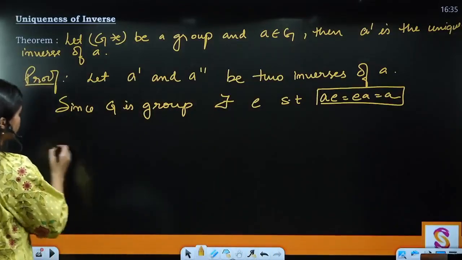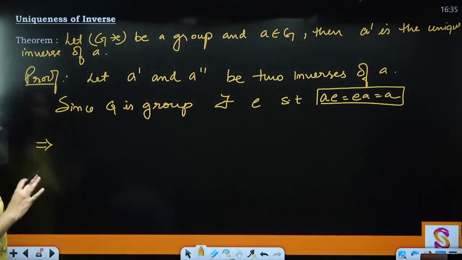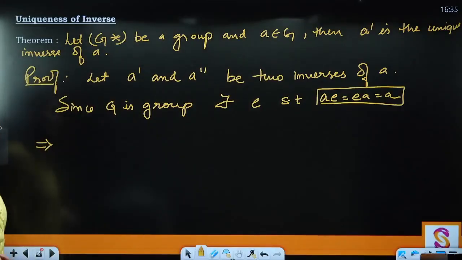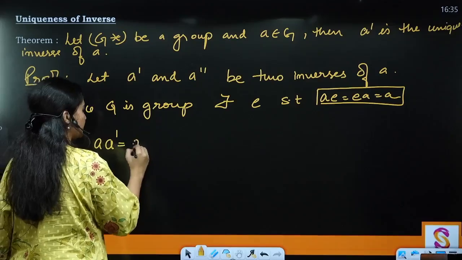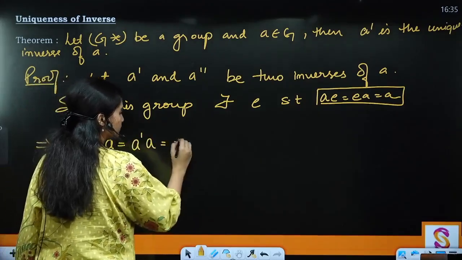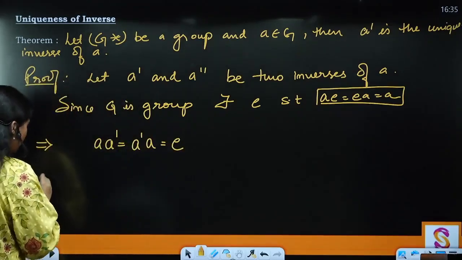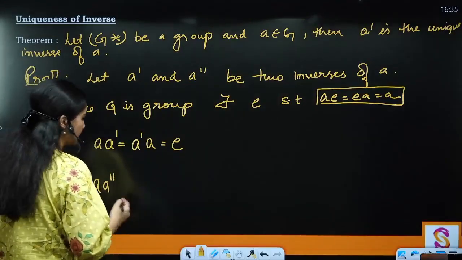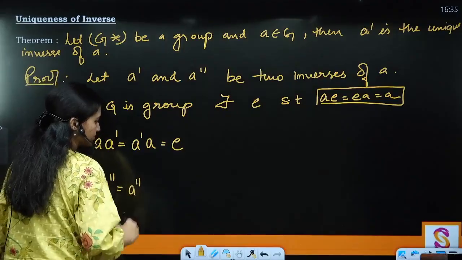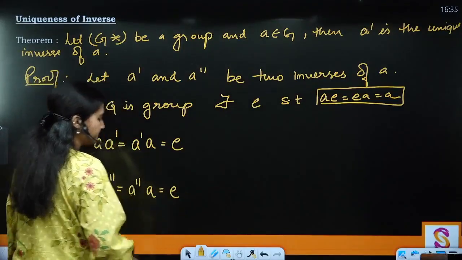So this implies that when a dash is the inverse, a a dash equals a dash a equals e. Also a a double dash equals a double dash a equals e.